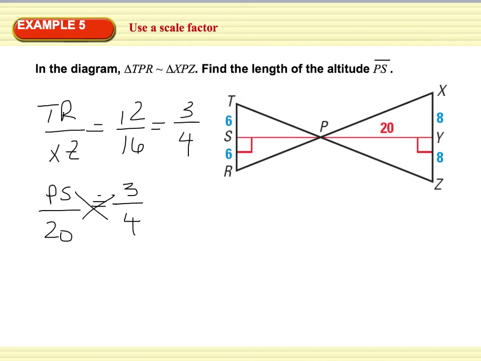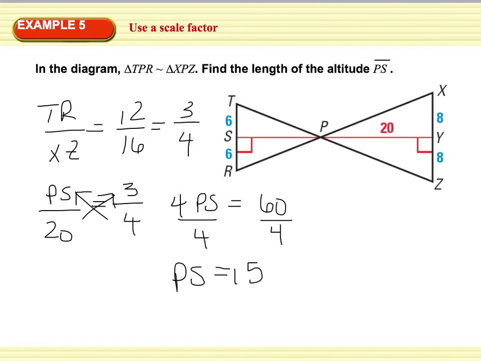And cross product, 4 times PS equals 60. PS equals 15. It's the length of the altitude.